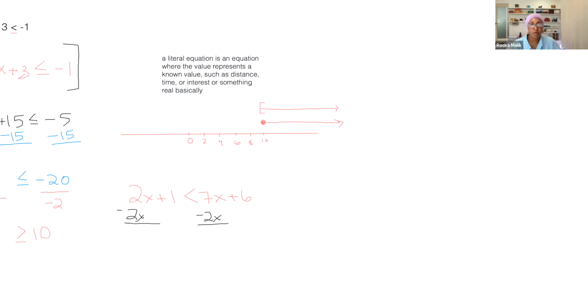So I end up with 1 is less than 5x plus 6. And now I'm going to move this 6 over to the left side. Minus 6, minus 6.